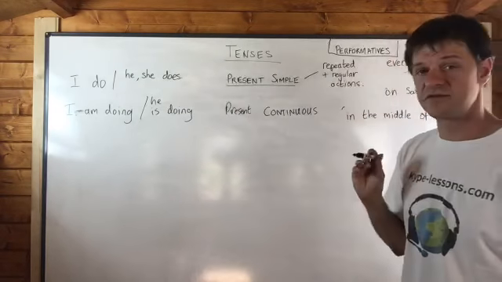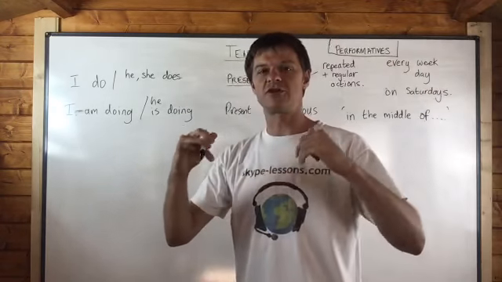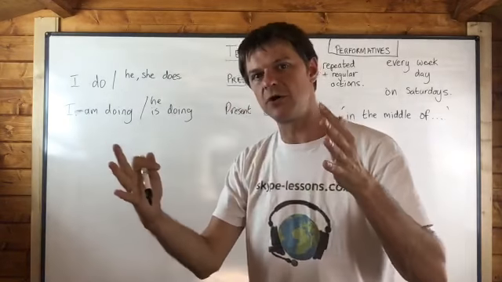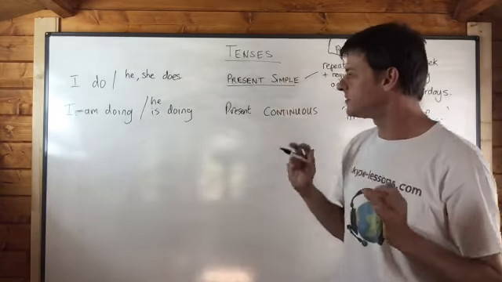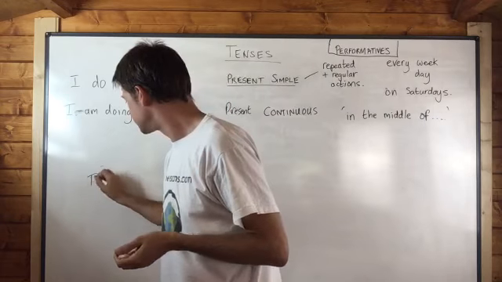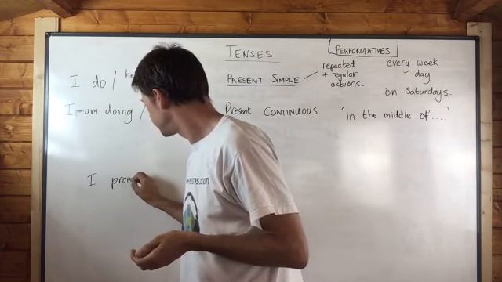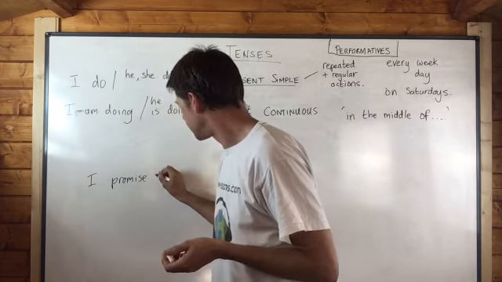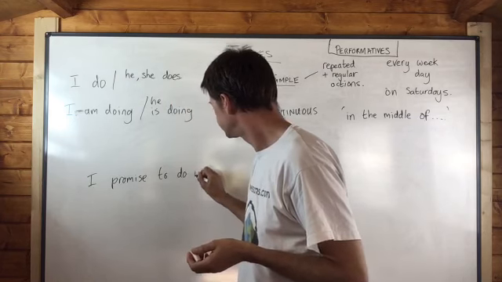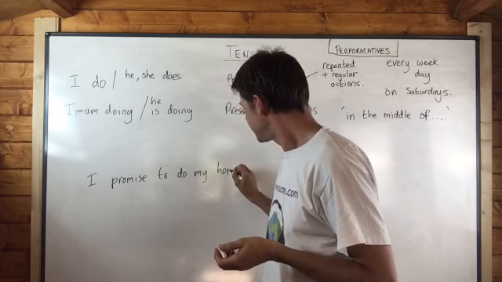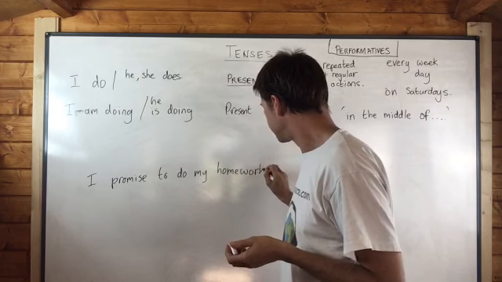A performative verb is a verb which you perform at the same moment as you speak it. For example, when you say, I promise to do my homework, let's say, yeah? I promise to do my homework. You never ever say, I am promising to do my homework.